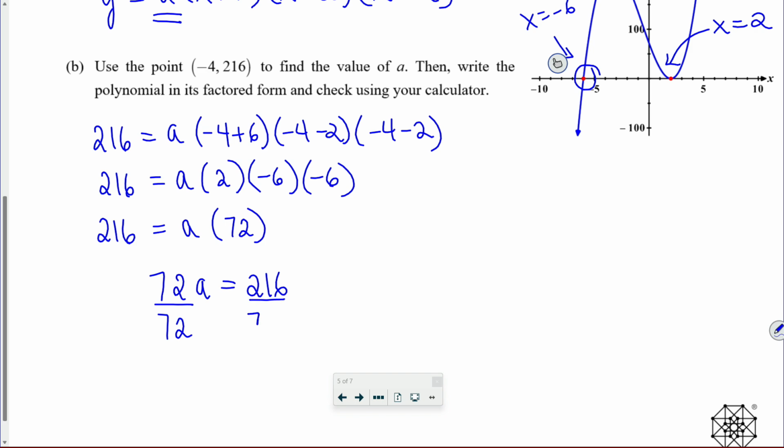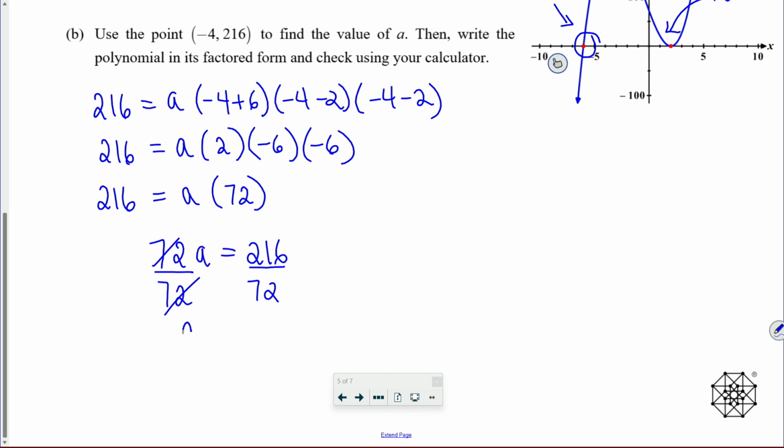Divide both sides by 72. That's maybe where we want our calculator. And we find that a is equal to 3. Now that's simply the leading coefficient.